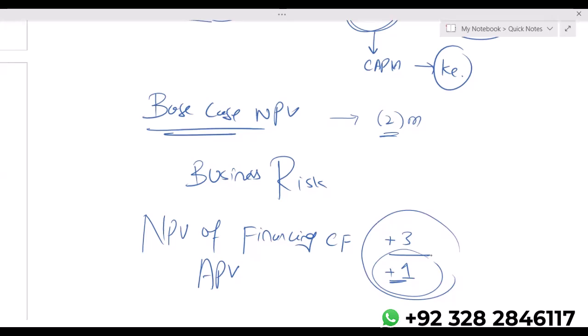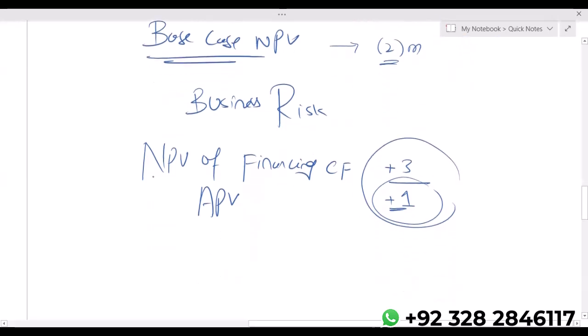So obviously, I will not be making that investment. So definitely, for a project where we have significant financing side impacts, instead of NPV it is far better to go for APV.